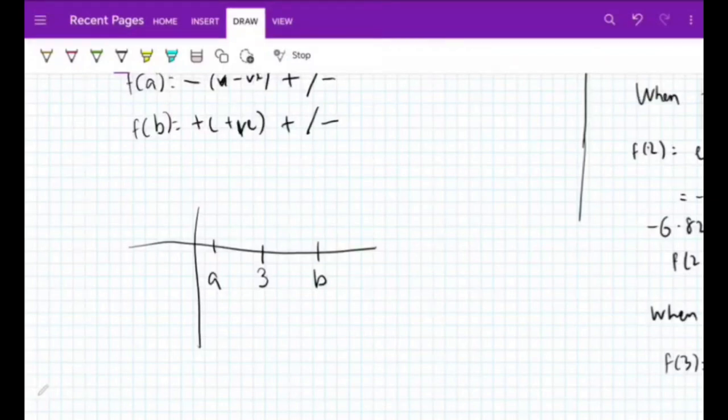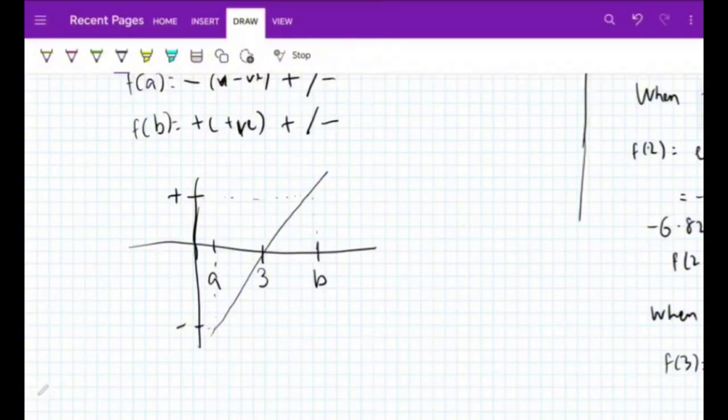Say this is a linear function and the graph goes like this. So now we know that this is negative and this will be positive. This is why we have to make sure one is negative and one is positive.